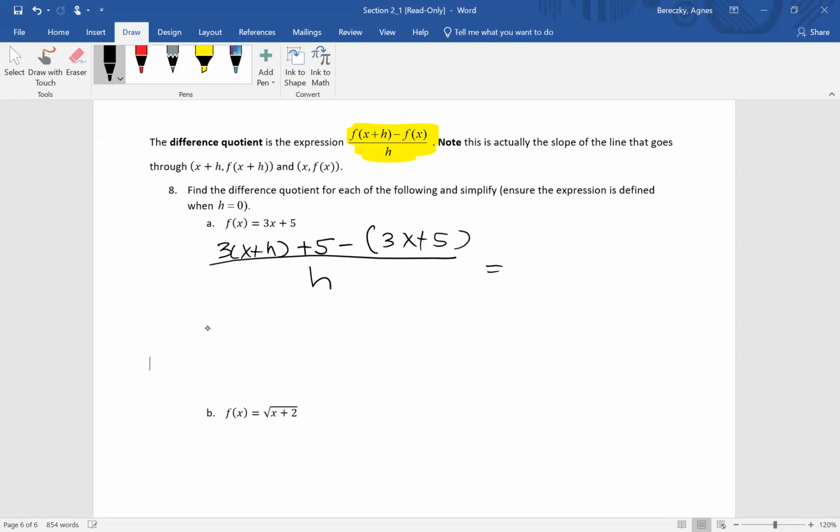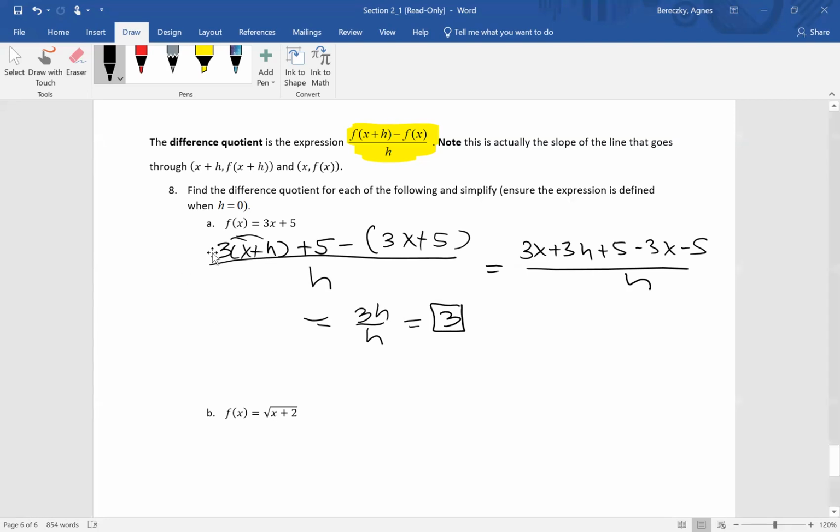So we distribute: 3x plus 3h plus 5 minus 3x minus 5 over h. Simplifying, we will get 3h over h, which is just 3. So in a linear function, the average rate of change just became the slope, the 3.